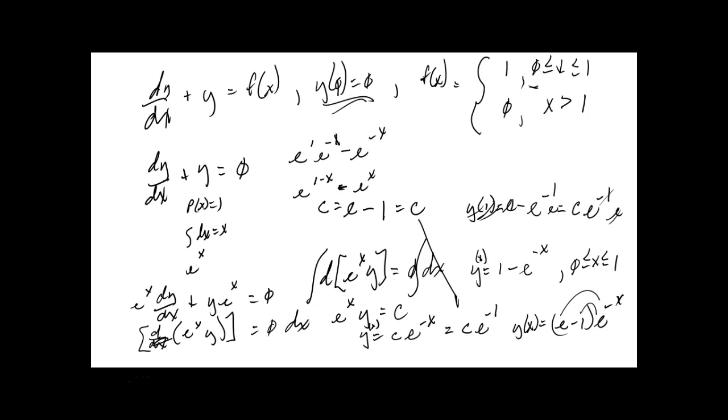All right. So the y of x down here, you can write it either way. Which way did they wind up writing it? They did it like I left it at the bottom: e minus 1 times e to the minus x. So I need to write my answer that way.